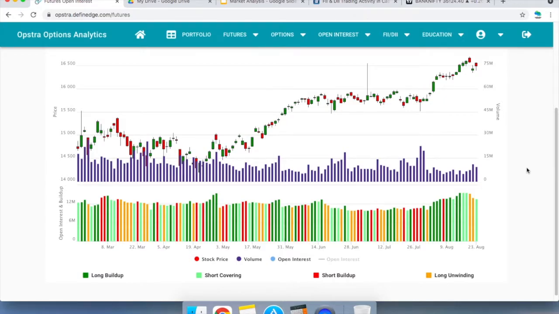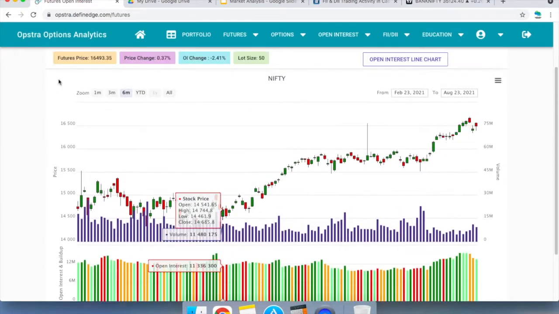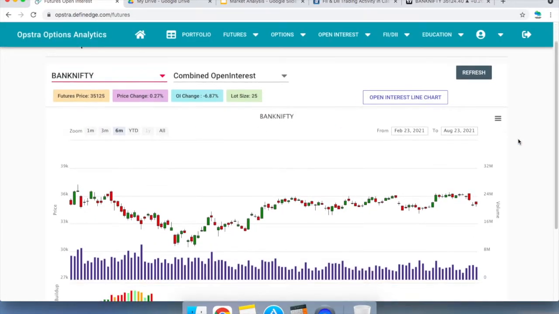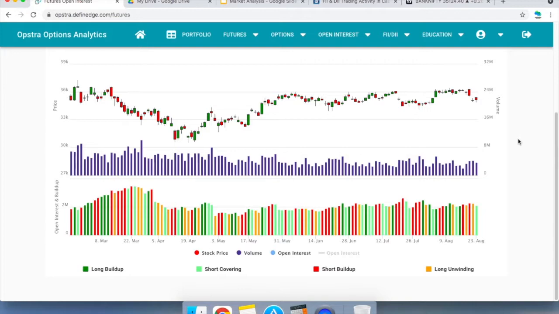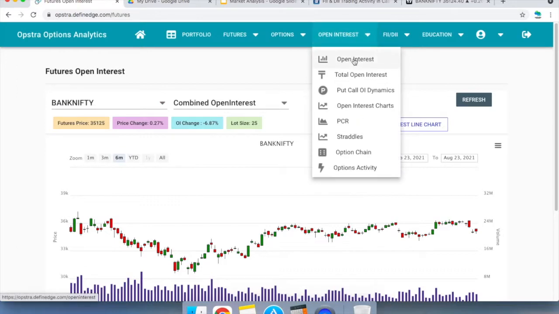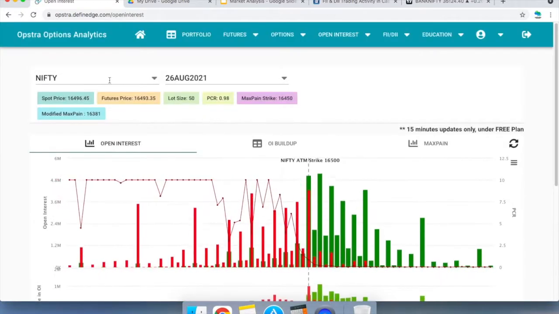So people who were short started going back to being bullish, right? And Bank Nifty, what has happened? That is also short covering today. Both indices, open interest has changed to short covering, which is slightly bullish.